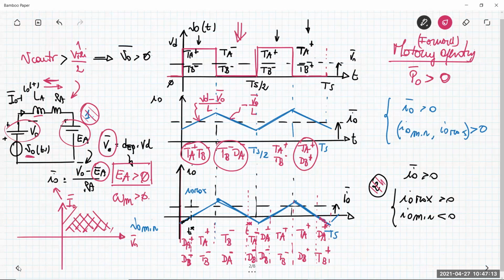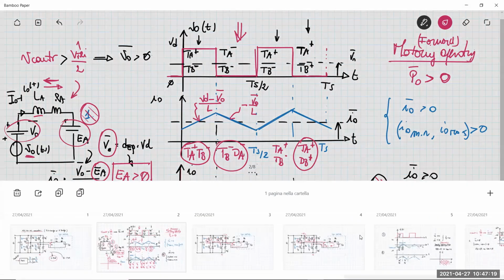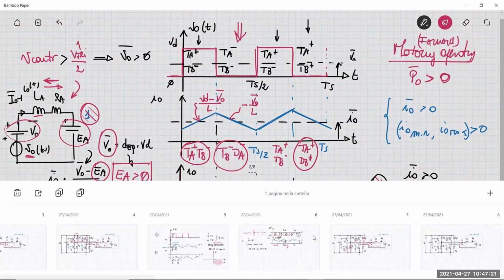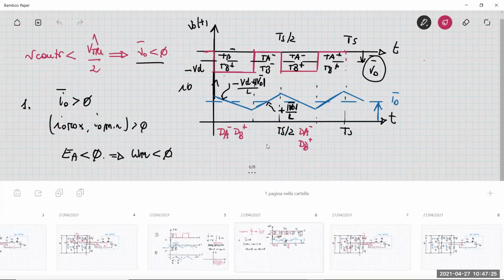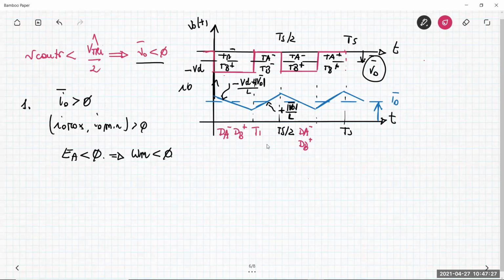So we have TB minus and DA minus. What happens in the fourth interval?